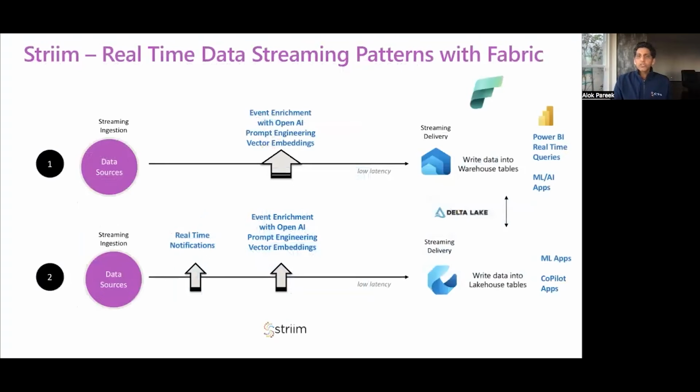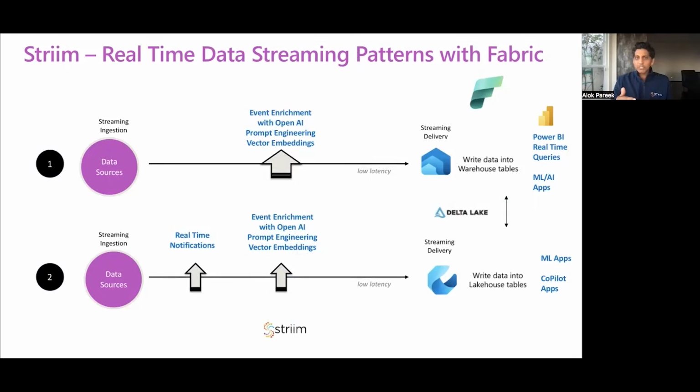When it comes to Fabric, there are three specific patterns I wanted to comment on today. The first one: going back to the prior picture, there are a number of different data sources, and you want to deliver this data into Microsoft Fabric. The way we would do that is through continuous change data capture.